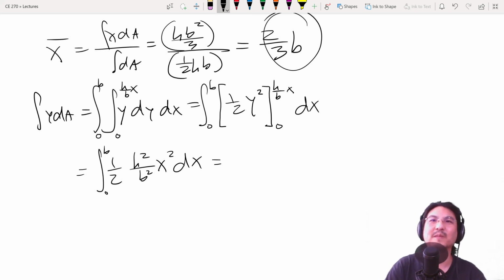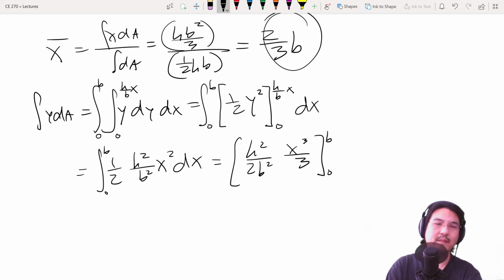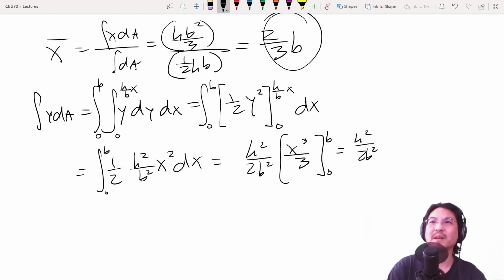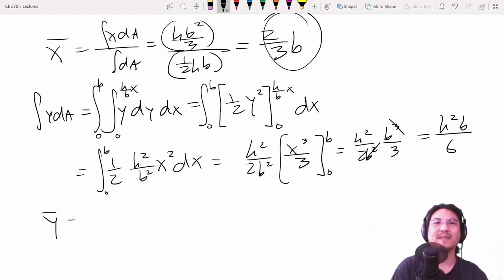All right, let's integrate this. So x cubed over 3 from 0 to b. So that's b cubed over 3, and this cancels that. So that's h squared b over 6. So the y component of the centroid: h squared b over 6 is the numerator.